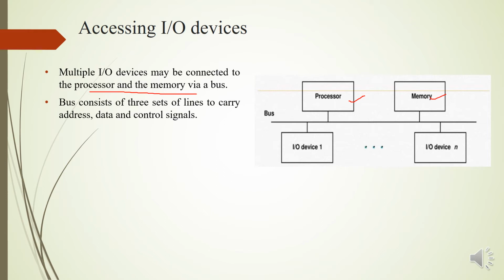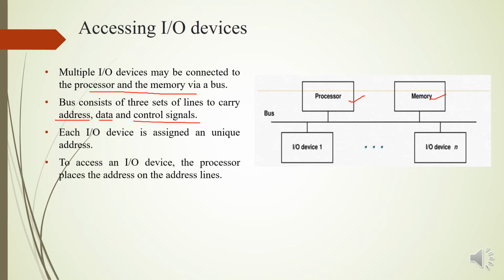Bus consists of 3 sets of lines to carry address, data and control signals. Each I/O device is assigned a unique address. To access an I/O device, the processor places the address on the address lines, and the device recognizes the address and responds to the control signal sent by the processor.